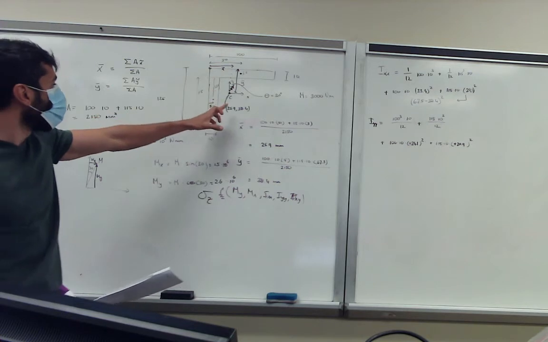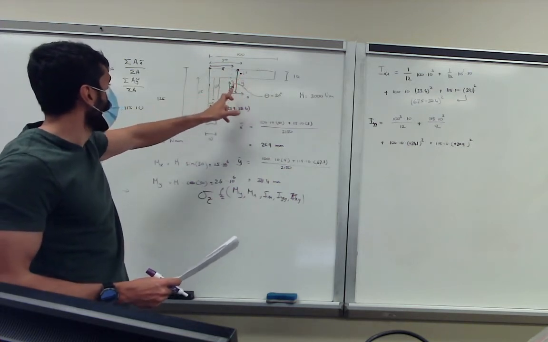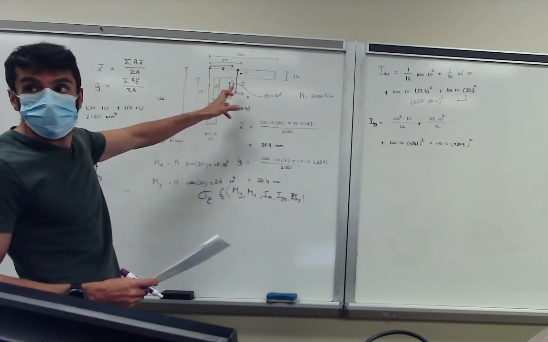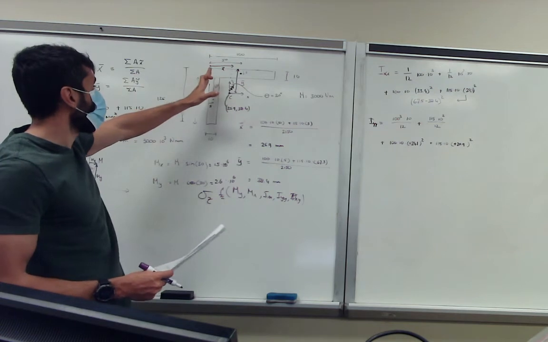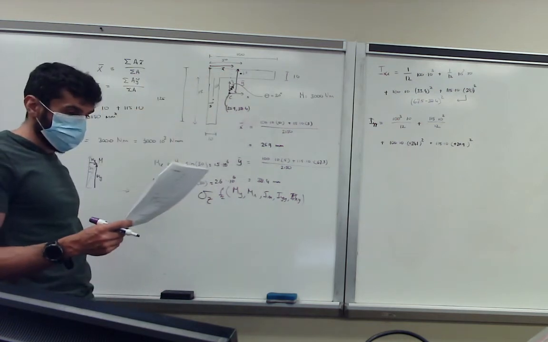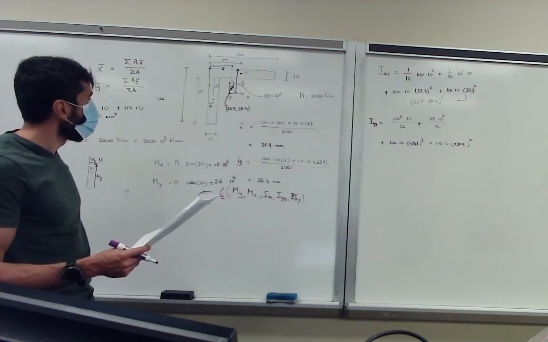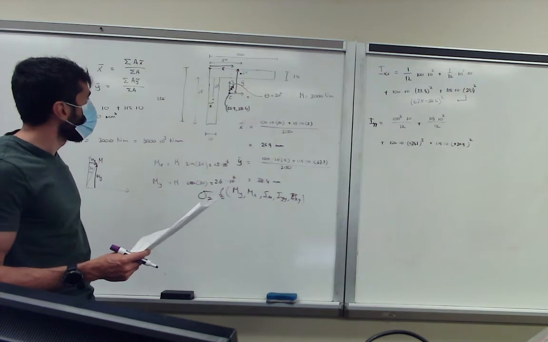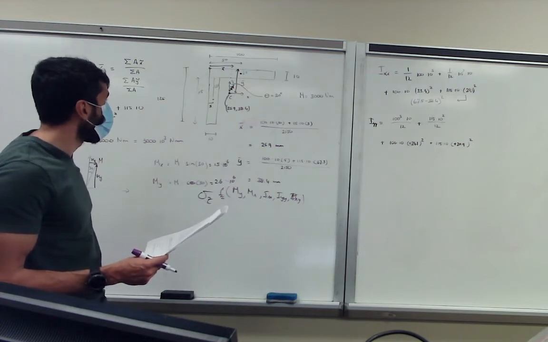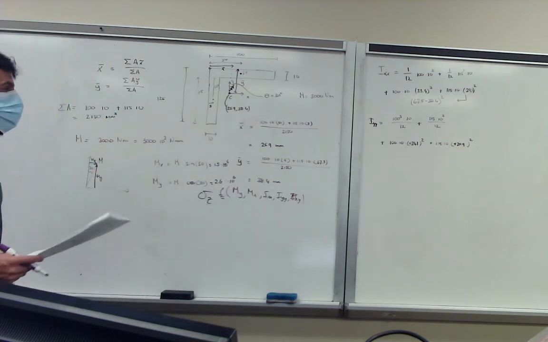So basically, this is our centroidal axis. So we have to shift this to our correct coordinate system. So we shifted 24.1 to the left. Okay, 50 minus 25.9.